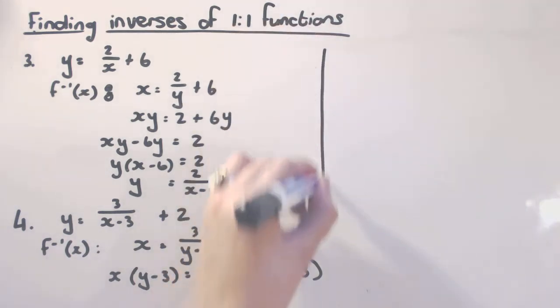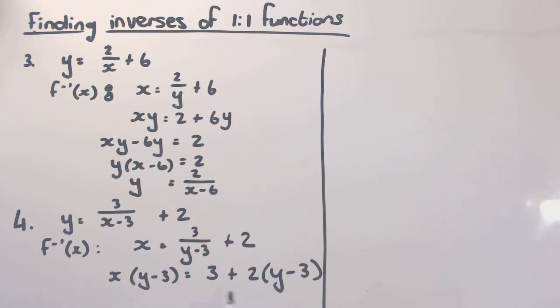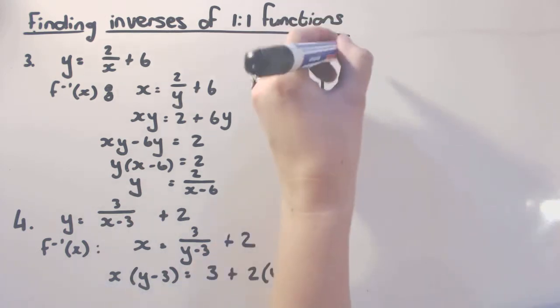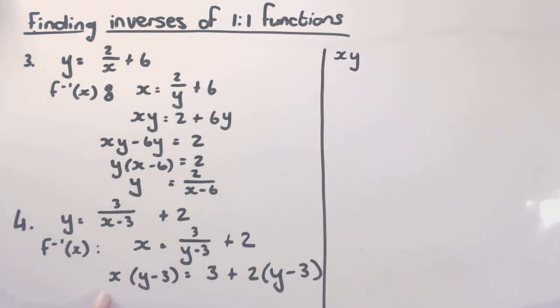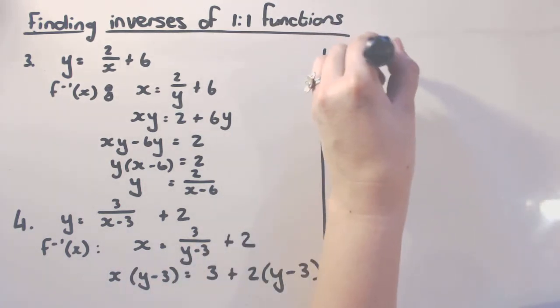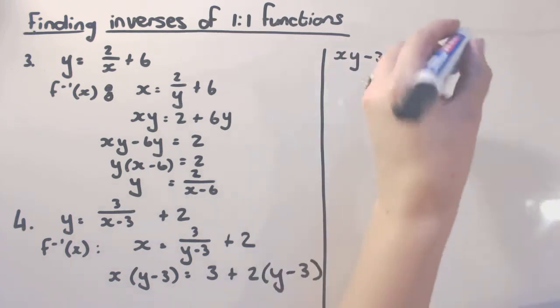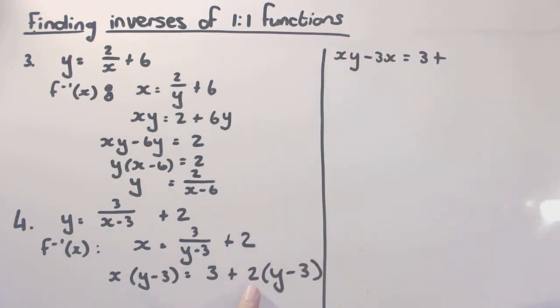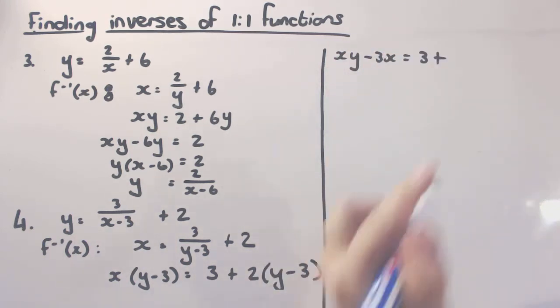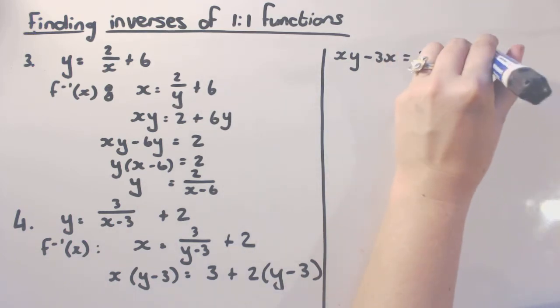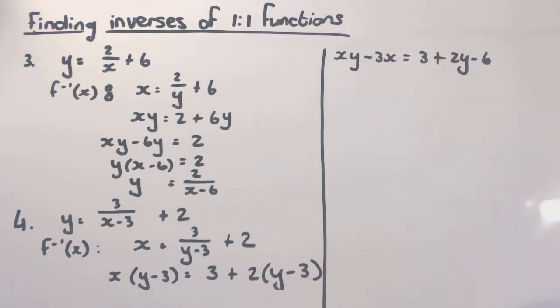And then I just want to get rid of the bracket, so I'm going to multiply out x, y. X times minus 3 is minus 3x, 3 plus 2y minus 6, can you see? 2y minus 6, if I multiply this 2 in.